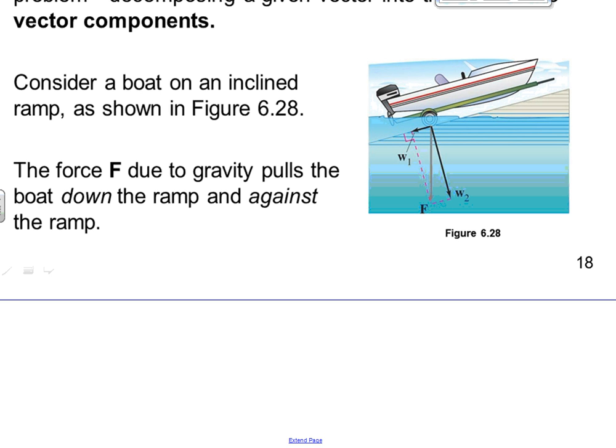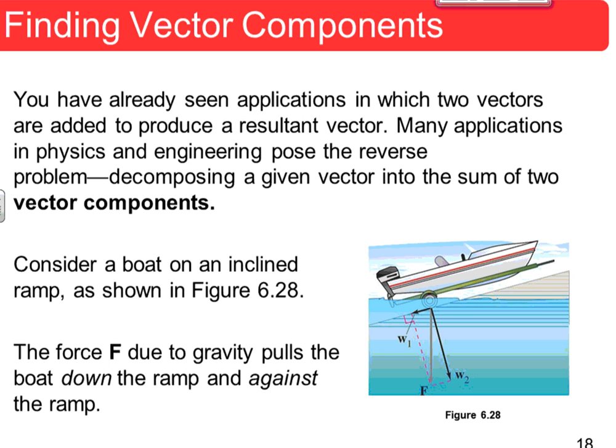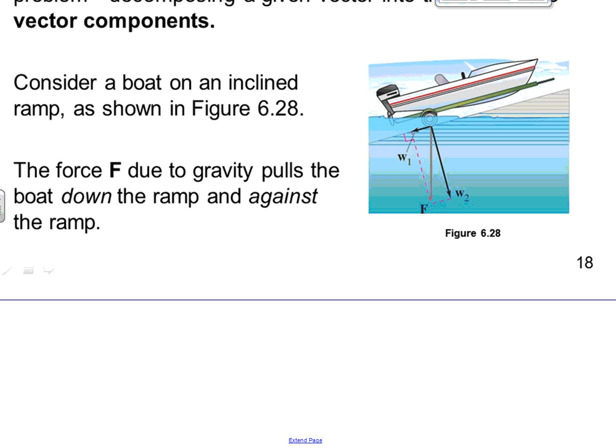And so W1 and W2 are going to be the components. These two vectors add to be that force that's going straight down. And they're orthogonal. These two orthogonal forces, W1 and W2, are the vector components of F. And maybe I'll write that by this picture so we can see that.